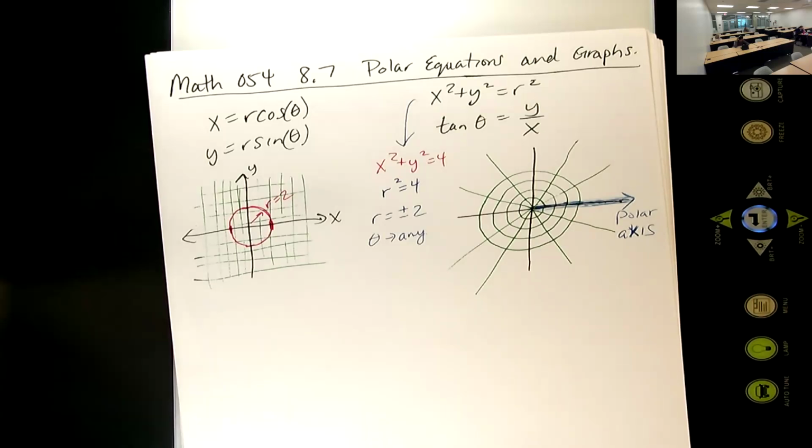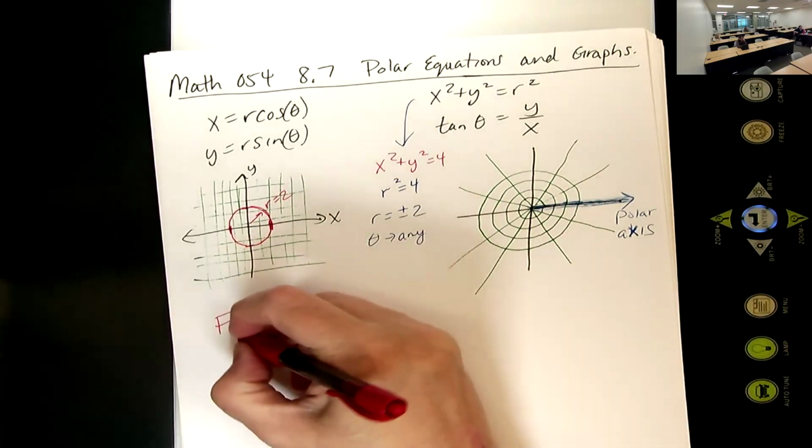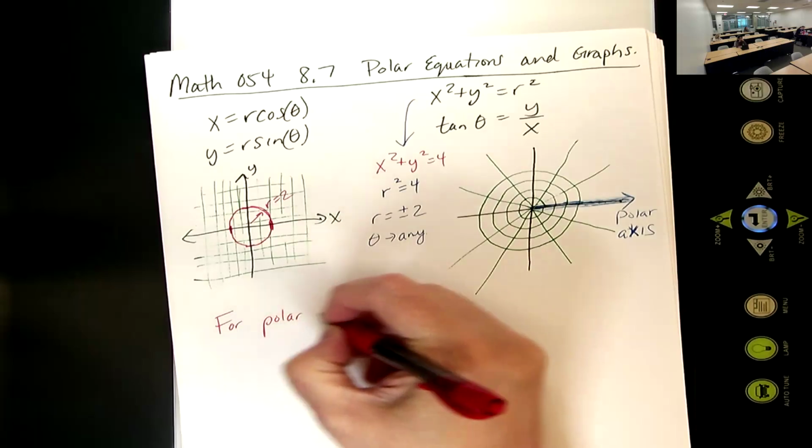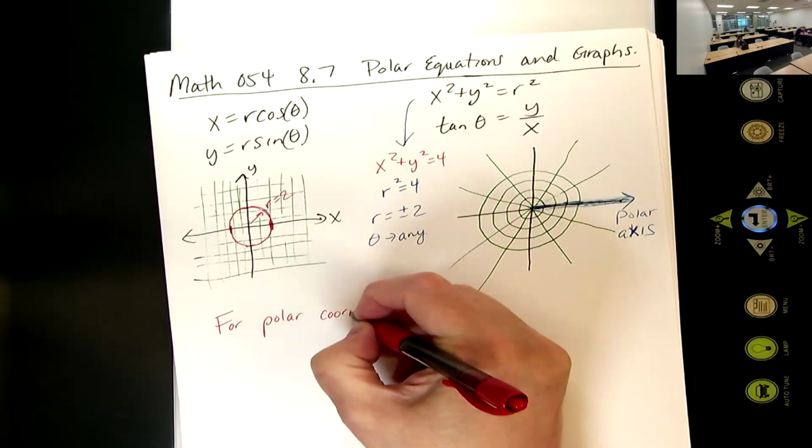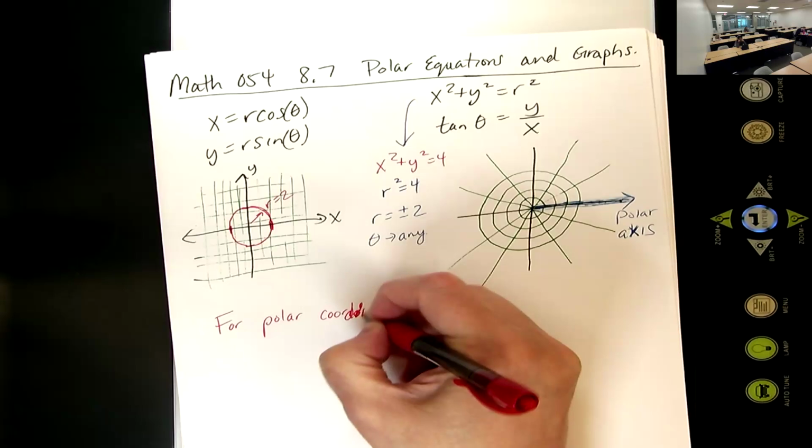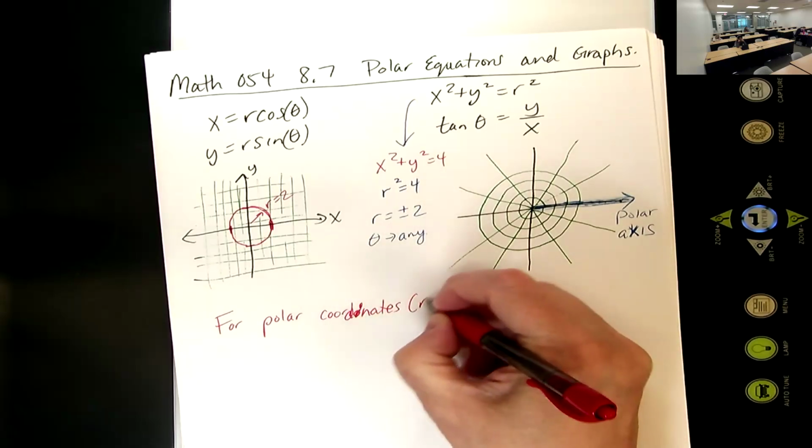And what we do for polar coordinates is r, theta.